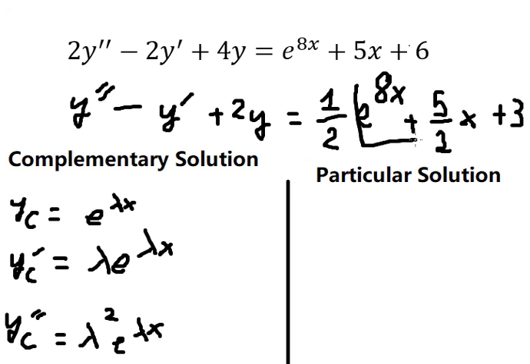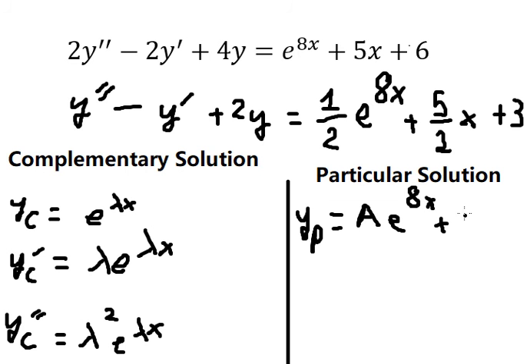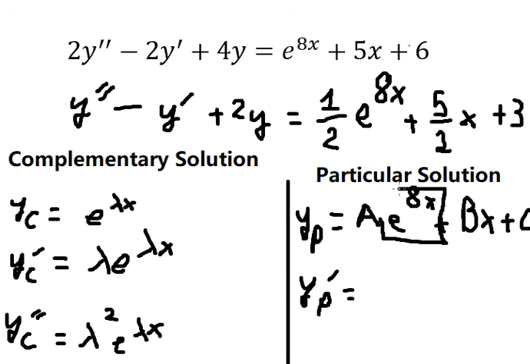Now we go to the next one. We have e to the power of ax, x, and the constant. So yp I will put as A e to the power of ax plus Bx plus C. Now if I do the first derivative of this one, we do the first derivative of e to the power of ax.